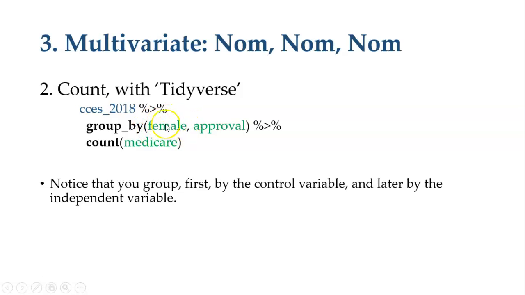So you're going to say divide the data set by the 2 genders, male and female, and later also divide each subset, between quotation marks, by those who approve Trump and those who disapprove Trump, and now count those who oppose or those who support universal Medicare. That's what you are saying with this structure, okay?